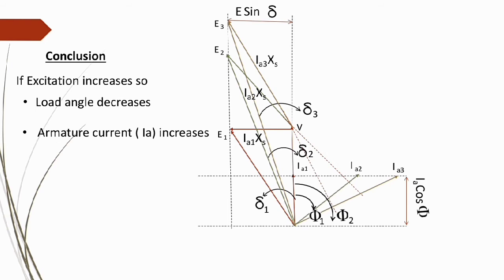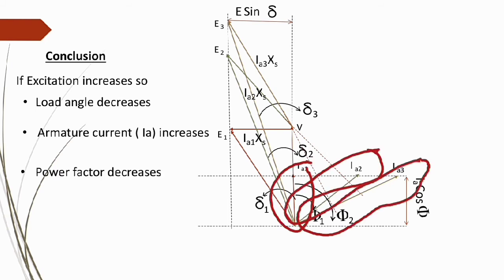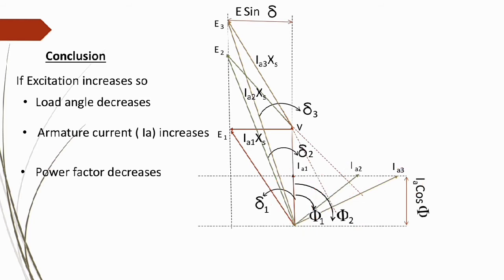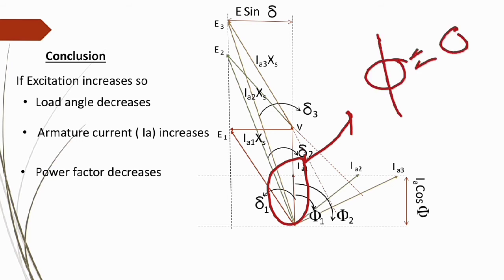The next one is power factor decreases. Here you see, first we have the power factor angle phi equal to 0, so cos phi equals 1, the maximum; power factor is maximum. Then phi 1 increases. When the power factor angle increases, cos phi reduces.